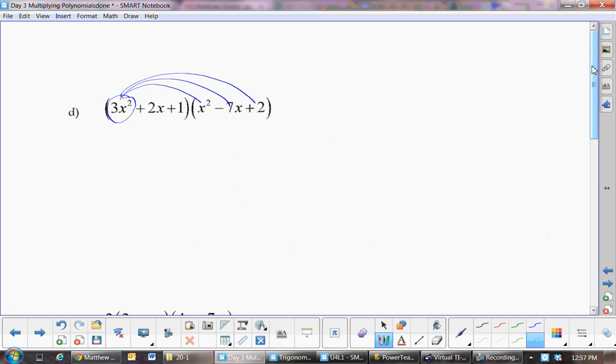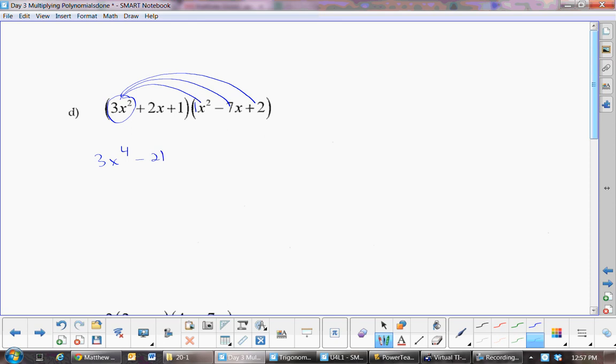What's 3x squared times x squared? 3x to the 4. We multiply the numbers, and then we add the exponents. Okay. Now, 3x squared times negative 7x.